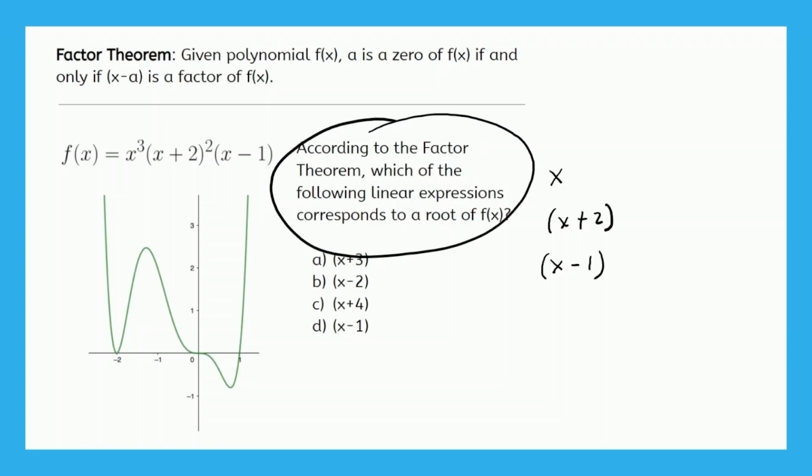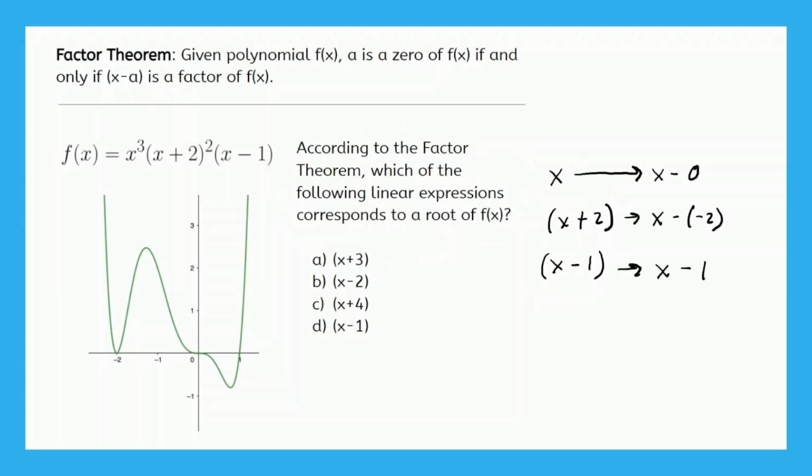So first of all, let's try to write these factors in the form x minus a. If we write x in the form of x minus a, that would just be the same as saying x minus 0. And then x plus 2, in order to make this x minus something, we're just going to say x minus -2, right?